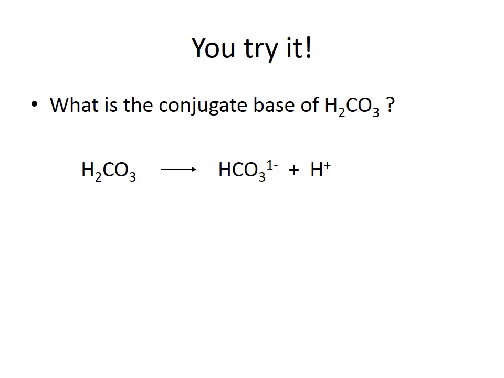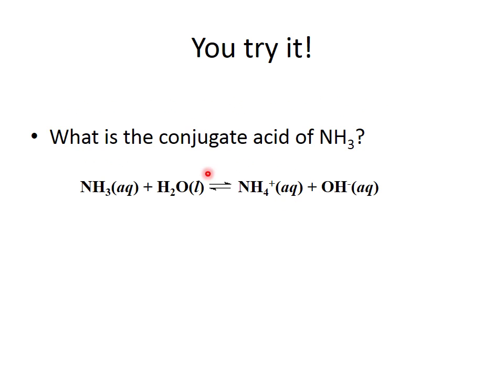All you have to do is take away this proton, take it off. That removes one hydrogen. You see it's one hydrogen down. And since I have a positive charge on that, that's going to have to leave a negative charge behind on the carbonic acid. On the bicarbonate. So what is the conjugate base of carbonic acid? Bicarbonate.